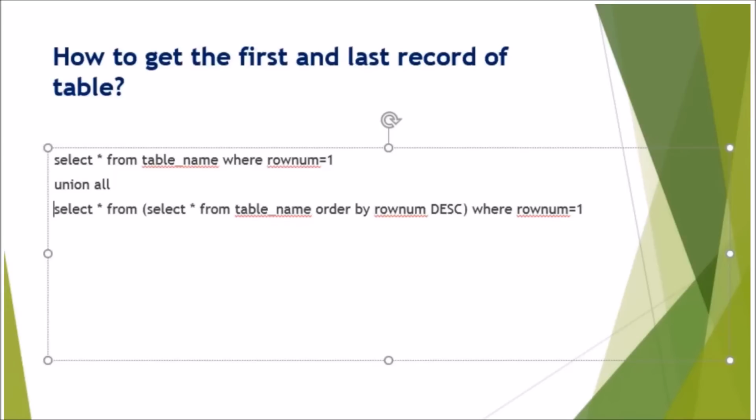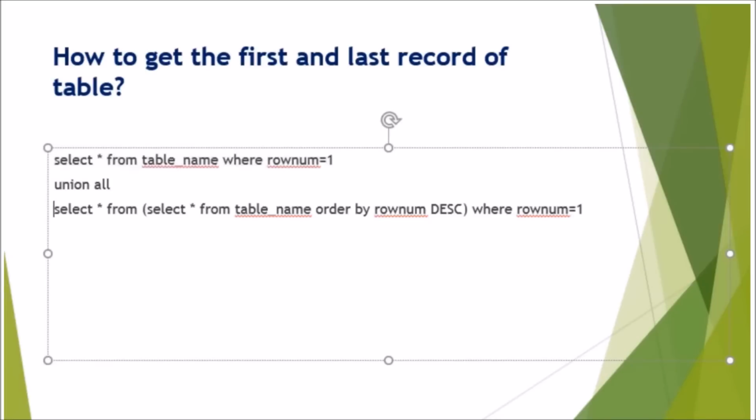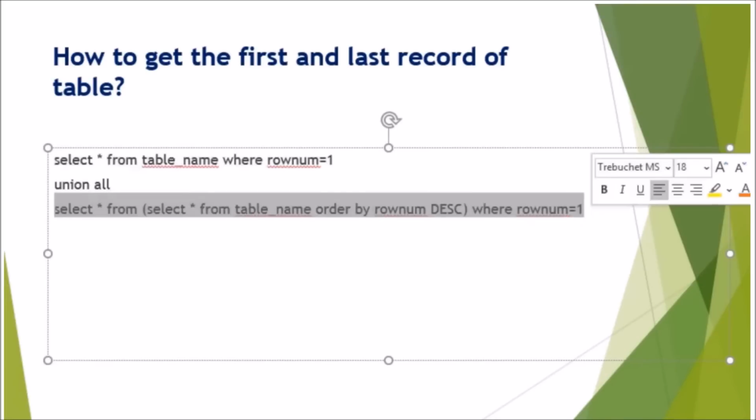But if we use union instead of union all, the result set we got for the first select statement is combined with the second result set of records.